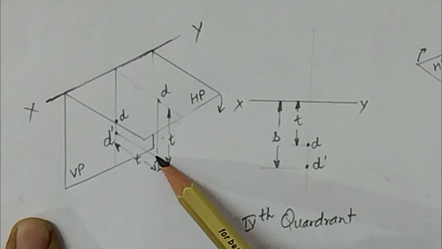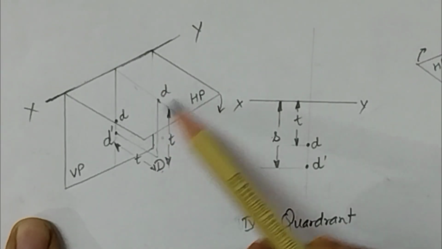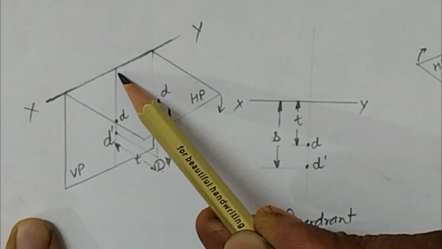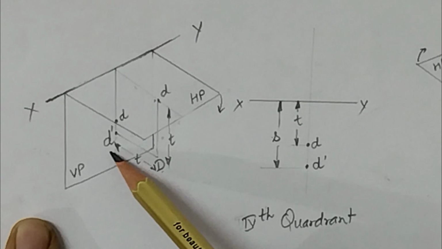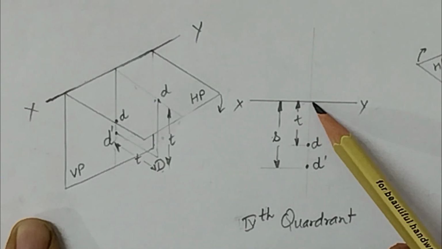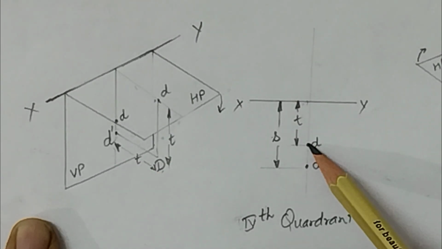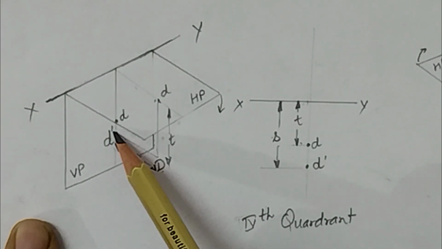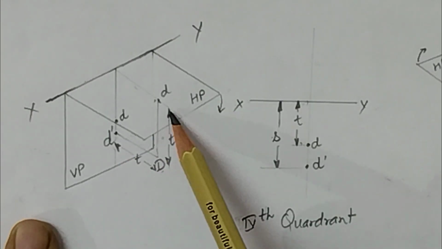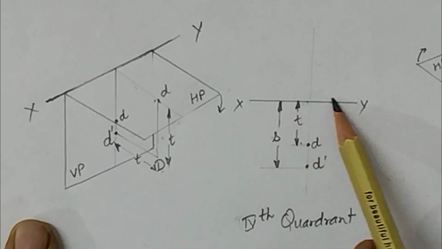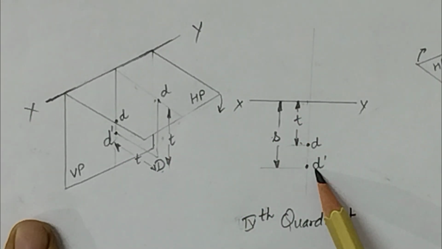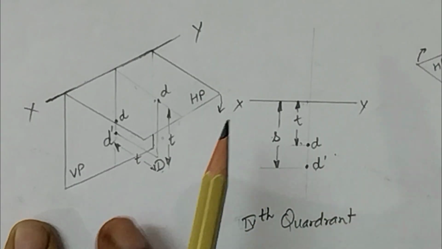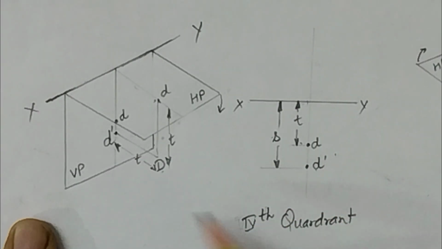The projection of D on this surface, that is the horizontal plane, this point is the top view, and the distance is equal to T. So from the XY, mark point D at a distance of T. Now the front view, from this to this one, is D dash, and the distance is T away from the XY, so this is D dash. This is the representation of a point in the fourth quadrant.